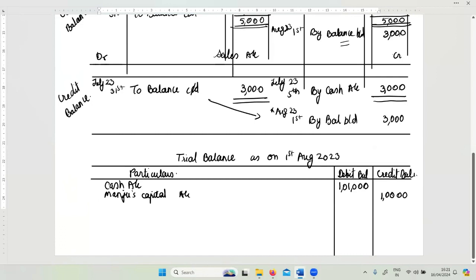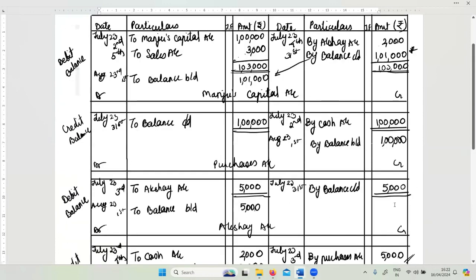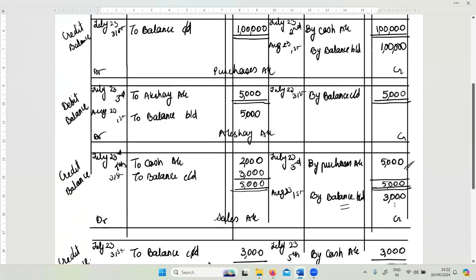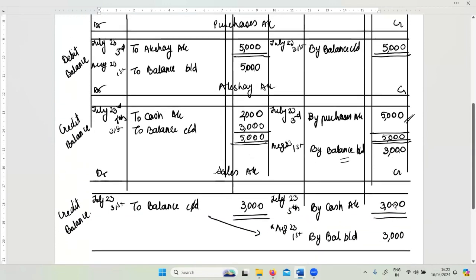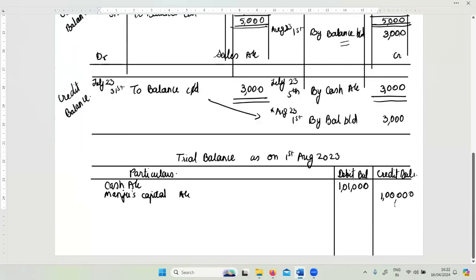So what I'm doing is just listing out the accounts which were there and putting their respective balances under the head of either debit balance or credit balance depending on what they have. The third account is the purchase account, and if you see, it has a debit balance of 5,000. So purchases account, debit side 5,000.